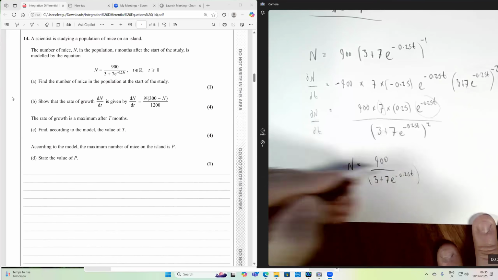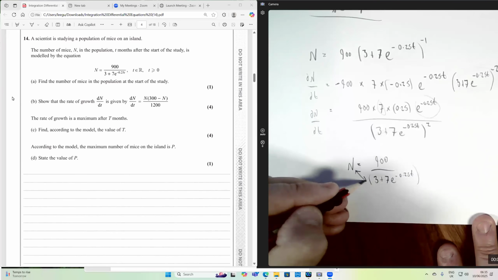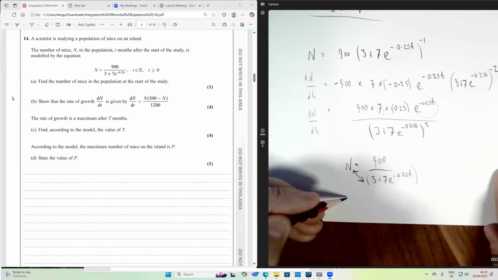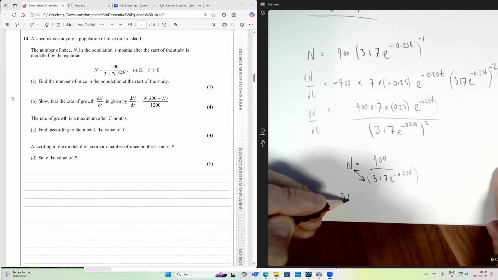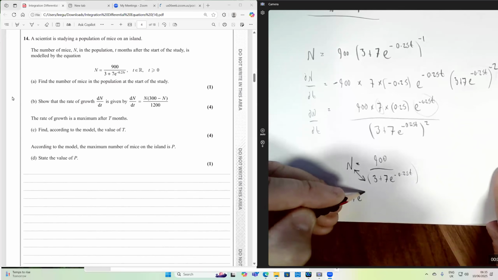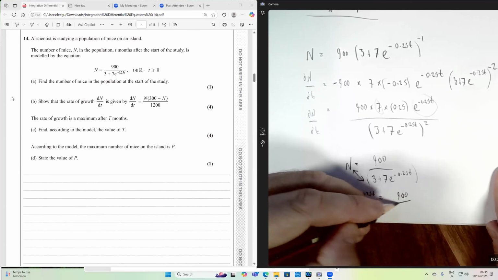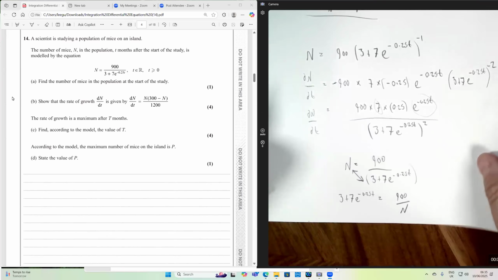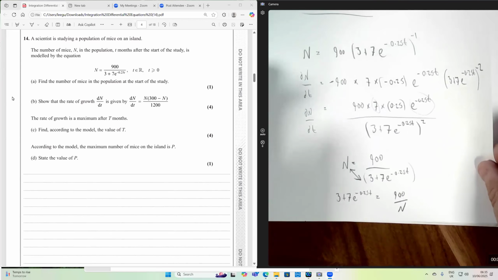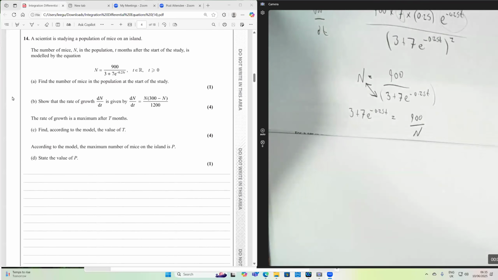Now, if we swap over that one and that one, so that we write this as 3 add 7 e to the minus 0.25t equals 900 over n. That's quite nice. And then we can take 3 away from that.